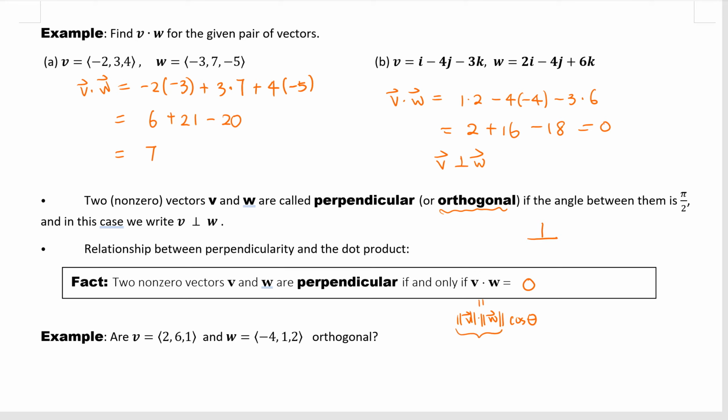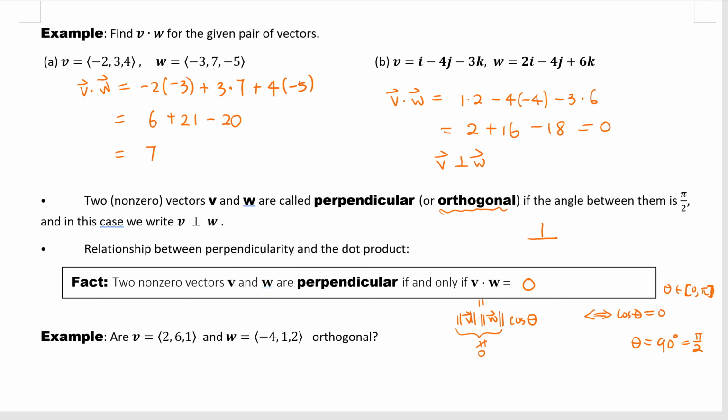Because these are non-zero vectors, the dot product equals 0 if and only if cosine theta is 0. Well, that's the same as the angle between them being 90 degrees. So far, so good, everybody. If we restrict the angle to be between 0 and pi, then the angle between them must be 90 degrees or pi over 2.